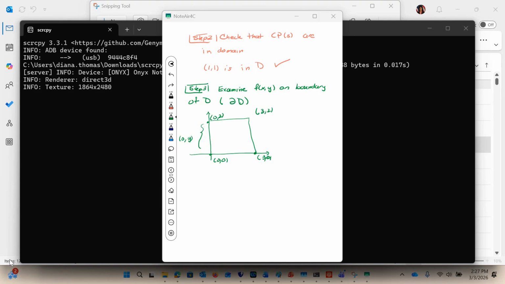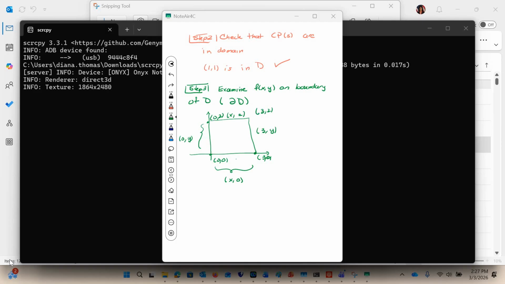Along the bottom region, down here, the y is always 0, and the x is running from 0 to 3. Along this region, the x is always 3, and the y is running between 0 to 2. And at the top, x is running, and y is always 2.